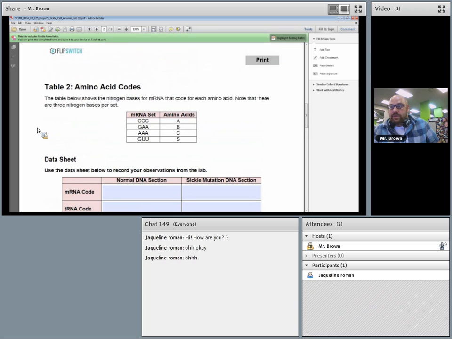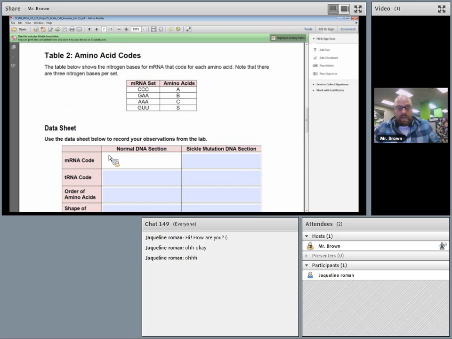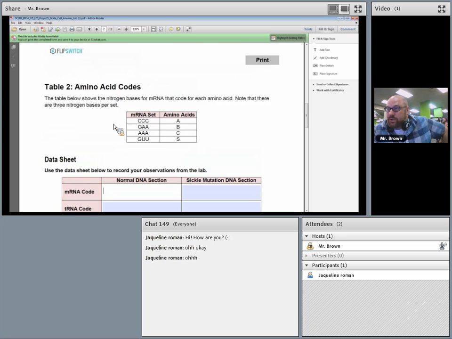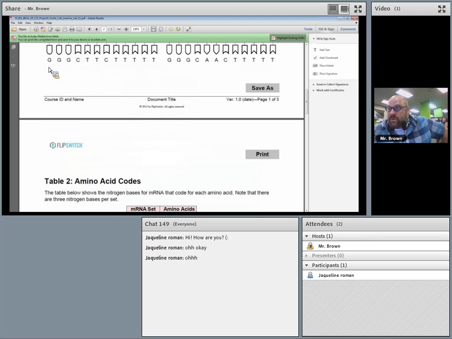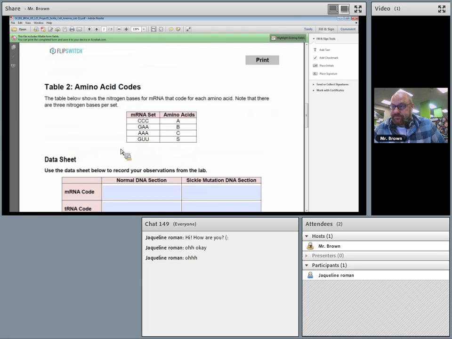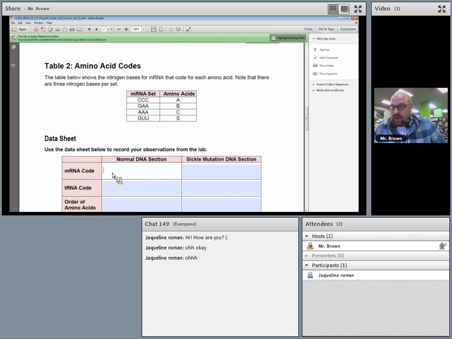So let's do it one codon at a time. G, G, G. Since G pairs with C, the mRNA is going to be the complement, the pair of the DNA strand.